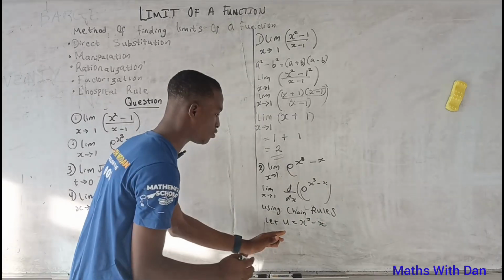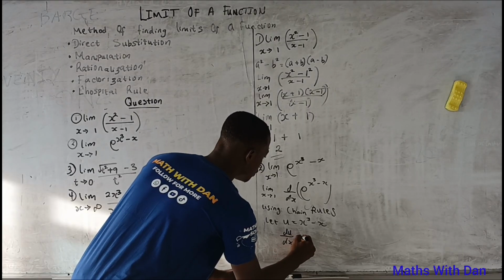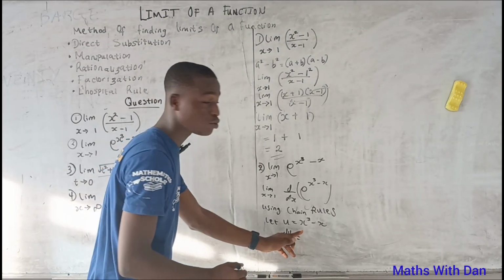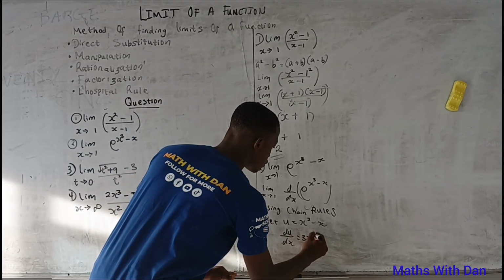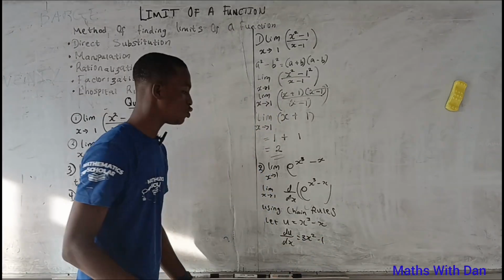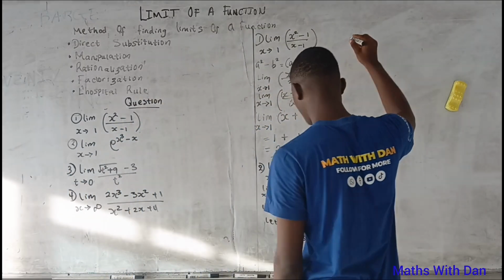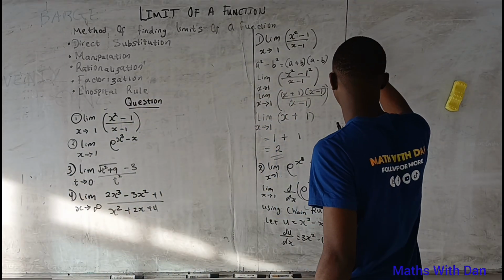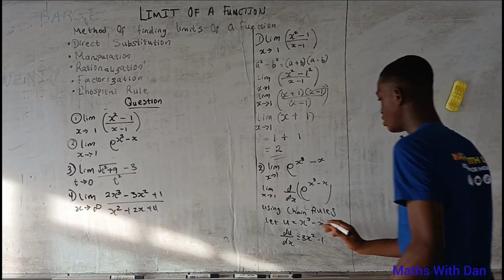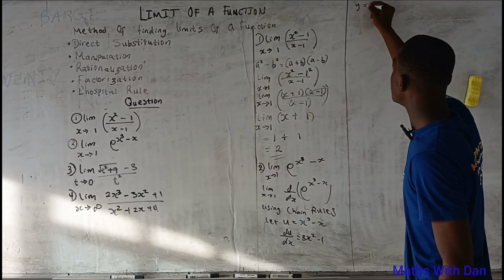If you differentiate this function, du over dx will be equal to the derivative of x cubed, which is 3x squared, minus the derivative of x, which is 1. So this is the derivative of this function. Now, since we have derived that, we now have this function again, that y is equal to what?